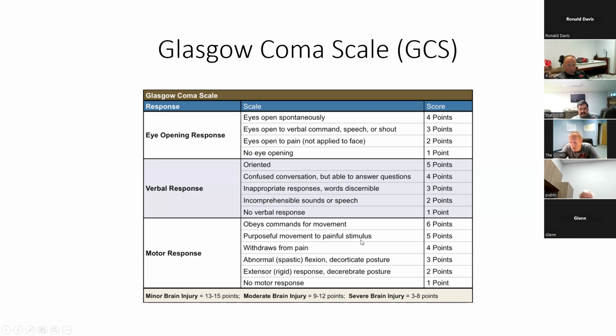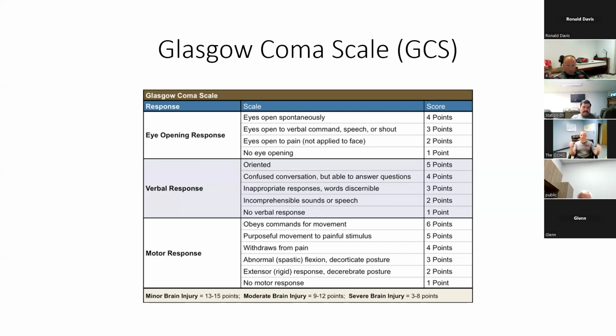In order to prevent this motor response from getting confused, one of the tips I have is that if they obey the command for movement, they're acting normal. So that's a 6. And then for points 5, 4, 3, and 2, it forms a pattern. So 2 away, 2 away.